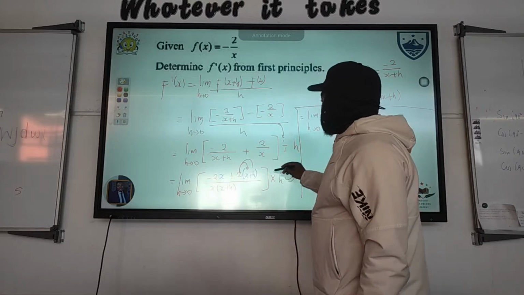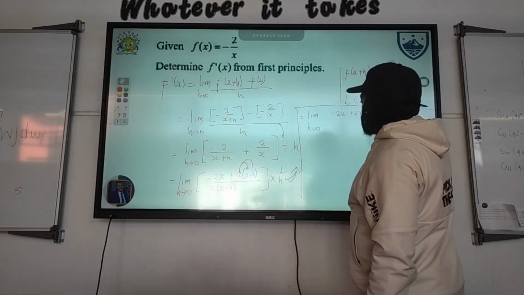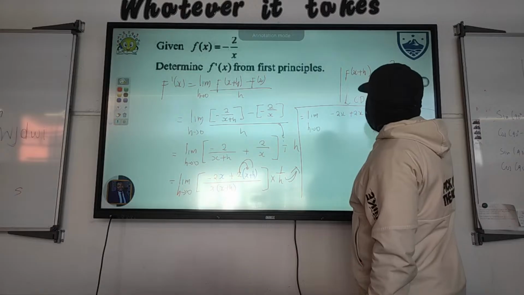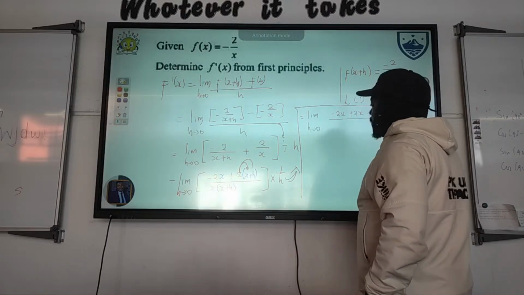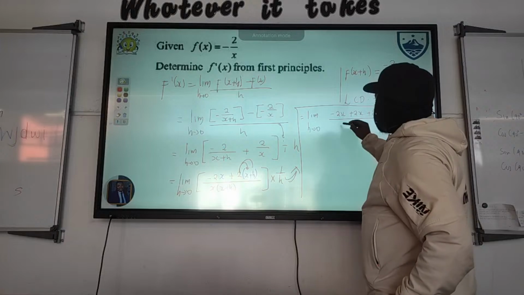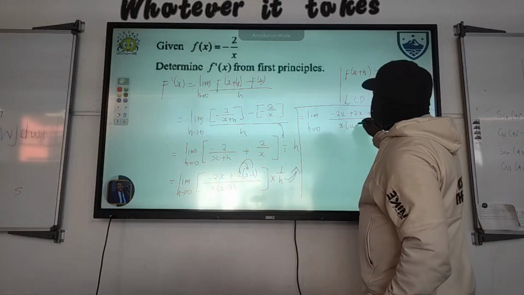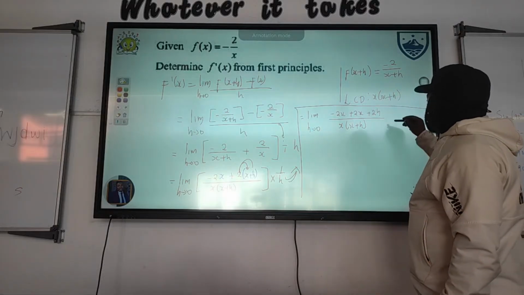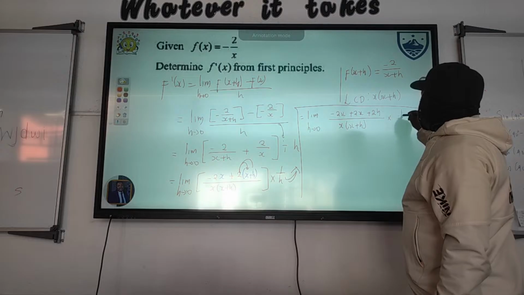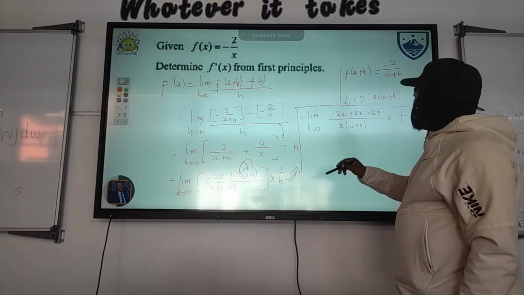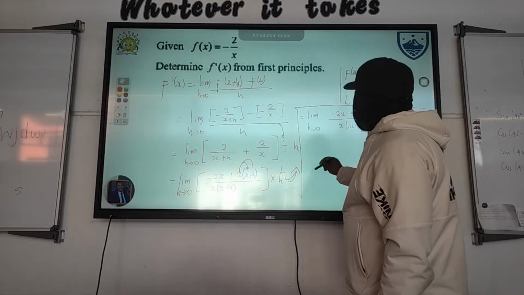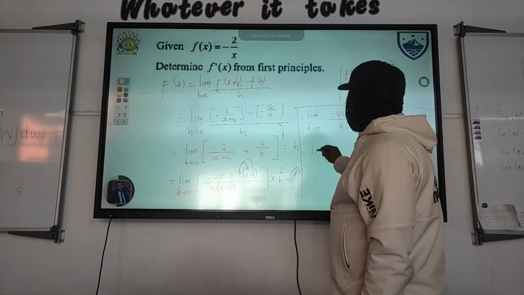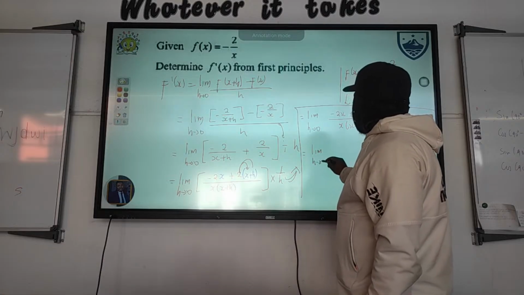Multiply this by that, it will give me a +2h, and everything over x multiplied by x plus h. And then don't forget, I'll multiply by 1 over h.